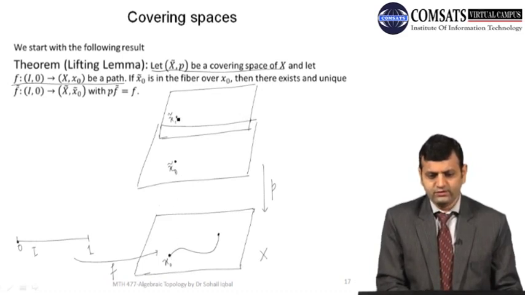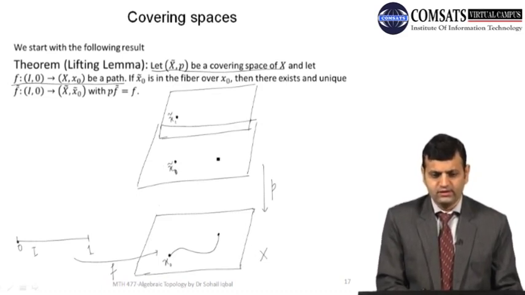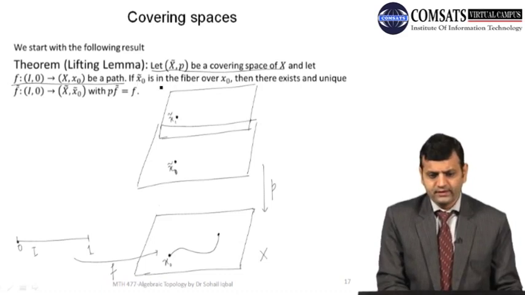But we are not considering all those points. We just chose one point from one sheet. So x naught tilde is one point from one of the sheets, and this sheet is somehow a copy of X.